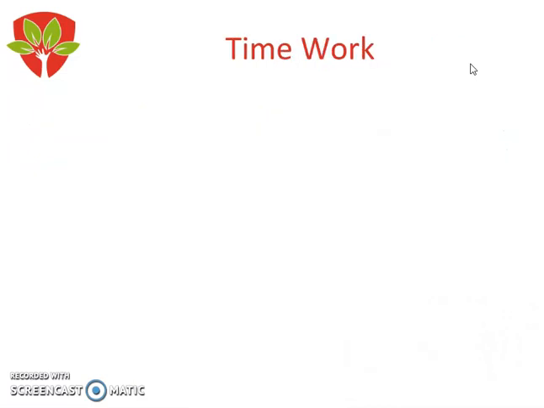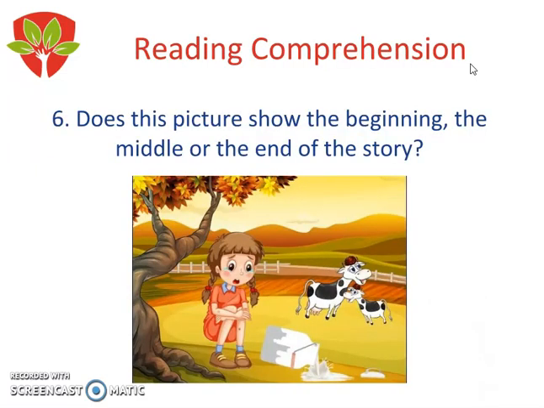So, number 6, does this picture show the beginning, the middle, or the end of the story? Look at the poor girl. The poor girl is really sad. Look at the picture and you are going to identify the reason why she's so sad.